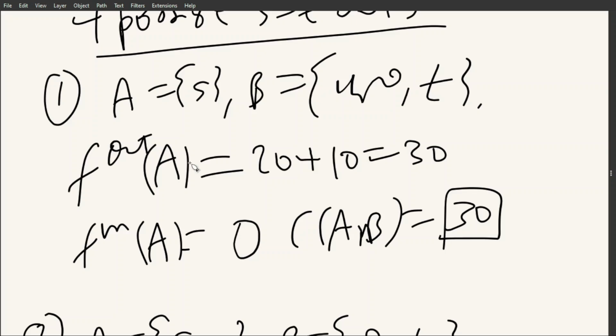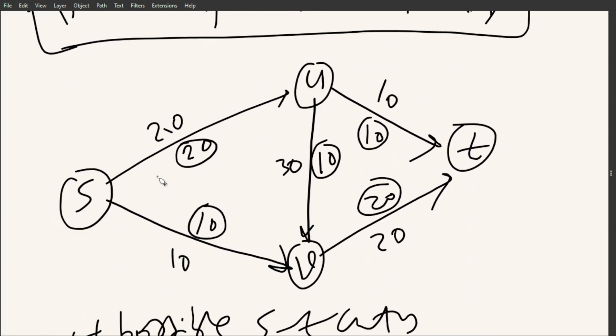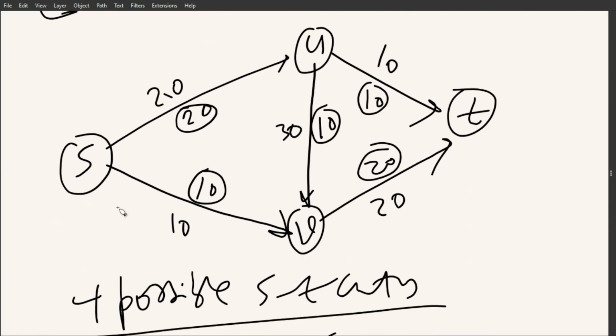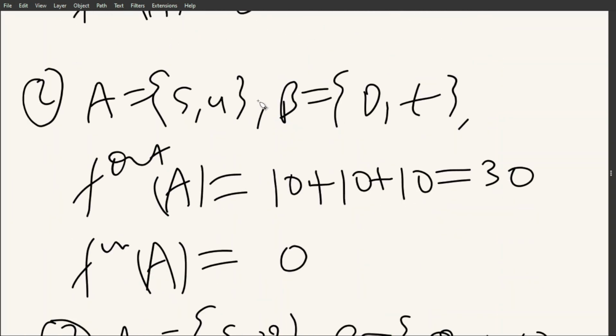Second case we consider SU. What is the capacity of the cut? Capacity out of A is 10 plus 30 plus 10. So 50. So in the second case CAB is 50.